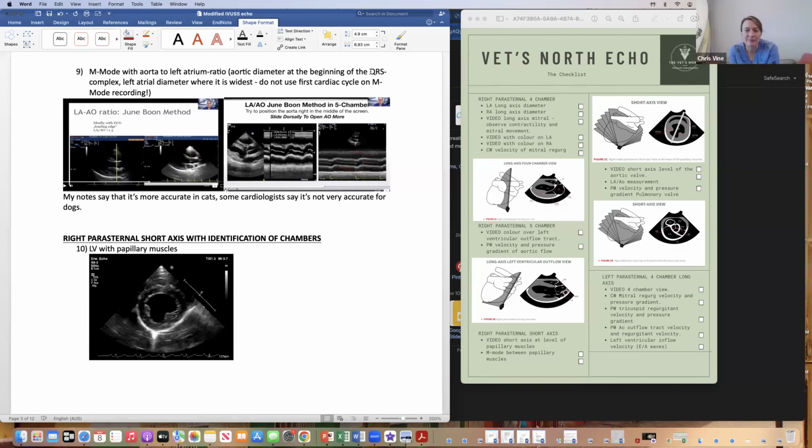Yeah. Oh, so electrical systole happens before physical systole. So it must be right after the left atrium has contracted, so when it's at its smallest. Yeah, the ratios are different. So it's 1.3 instead of 1.6 for the cutoff.